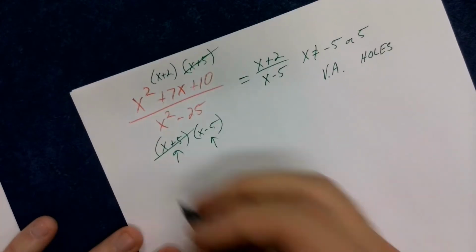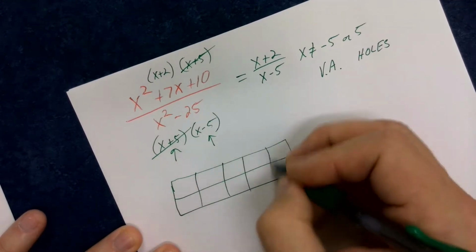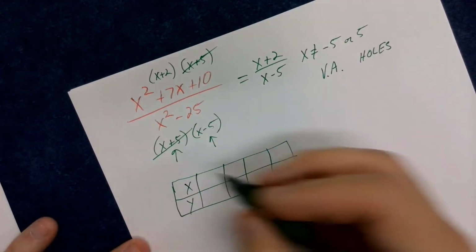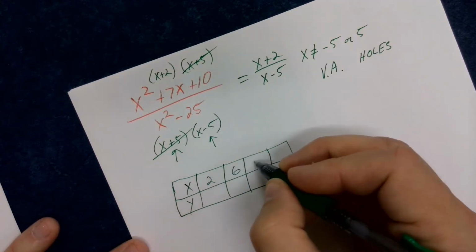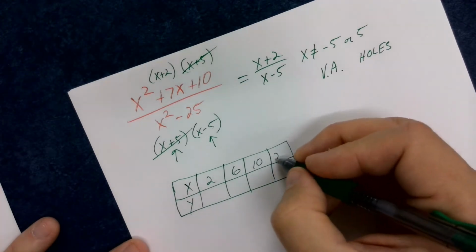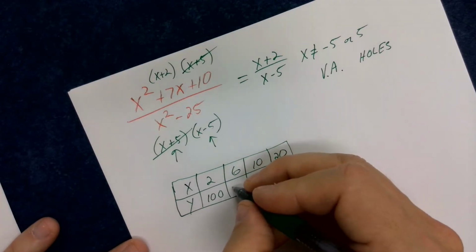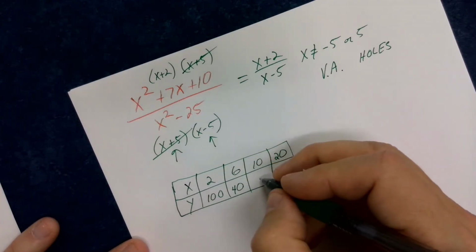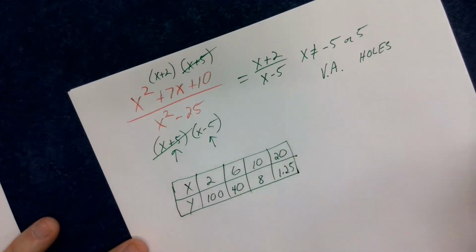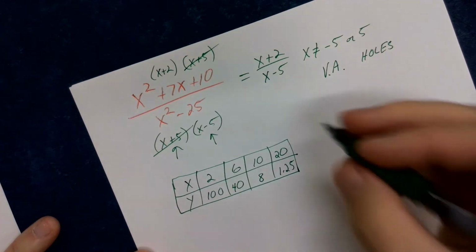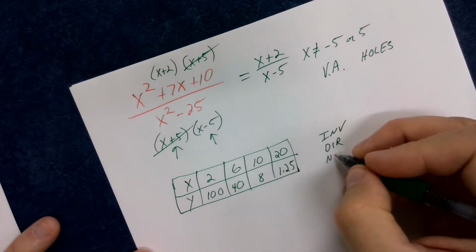Okay? I'm going to give you questions where I'm going to give you data, like this, x, y, and then values, maybe like 2, 6, 10, 20, and 100, and 40, and 8, and 1.25, and ask you whether or not these are inversely related, directly related, or neither.